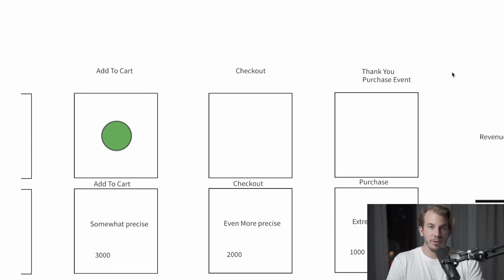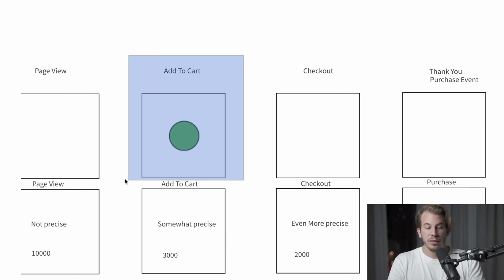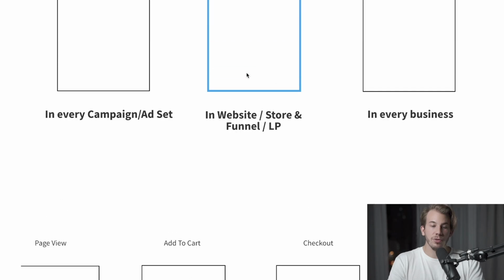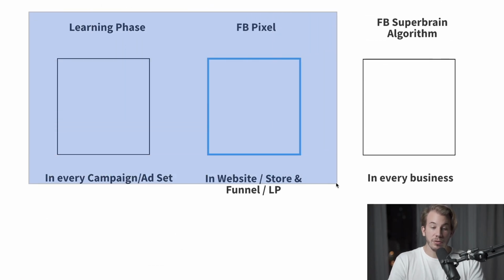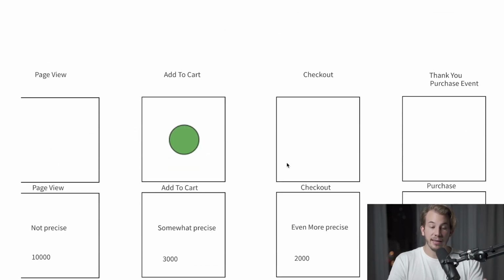What you could do though, is if you get 5 sales per week, you maybe get 20 or 30 add to carts per week. And you could try to increase that add to cart number, the amount of people that trigger this event, and use this event to inform your optimization algorithm, and potentially even lookalike that event once it reached a high number.